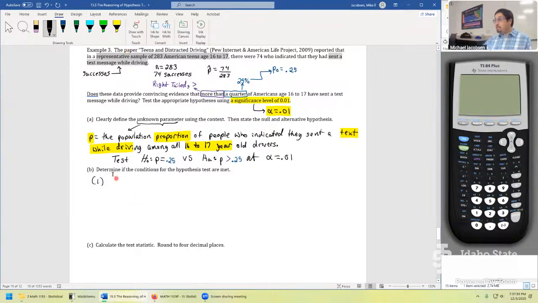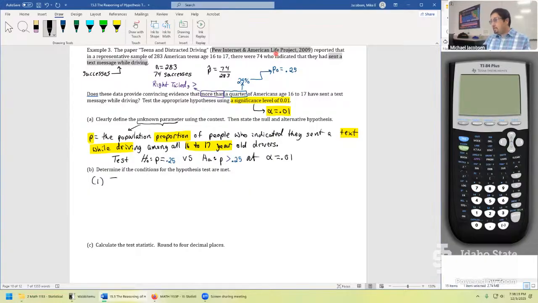If we trust them, then we can go ahead and run the whole test. So let's just say here, at least we met one portion of the conditions, but it leaves a lot to be desired. If we're concerned about this data, we'd want to consult with the Pew Internet and American Life Project to see exactly how they got that, and we can judge for ourselves how representative it might have been.